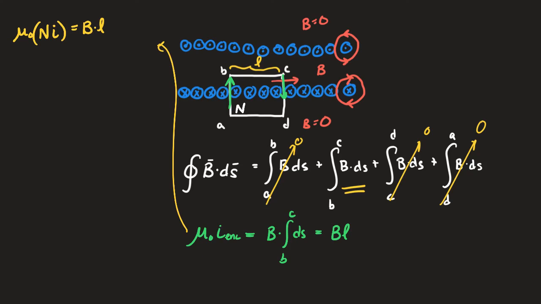Now this produces a magnetic field, and I'm going to collect things the way I would like them to be collected. Mu naught I for sure, but then I get this ratio of N over L, which we're going to call the wire density.